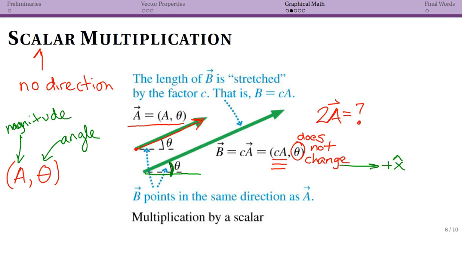And we'll talk, I think, next about what happens with a negative scalar. But in this case, you can see that it's basically the same direction, but it's twice as long. So that's all that needs to happen for scalar multiplication. You just make the length scale by whatever factor, and that can be a number less than 1, like 0.5.